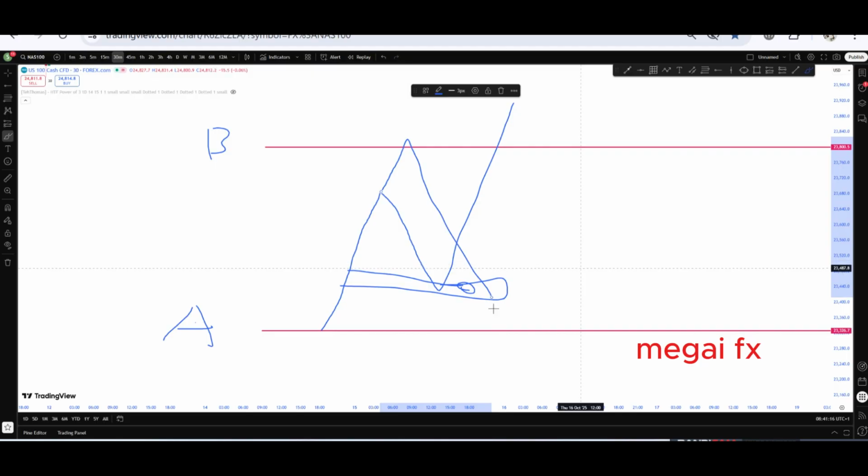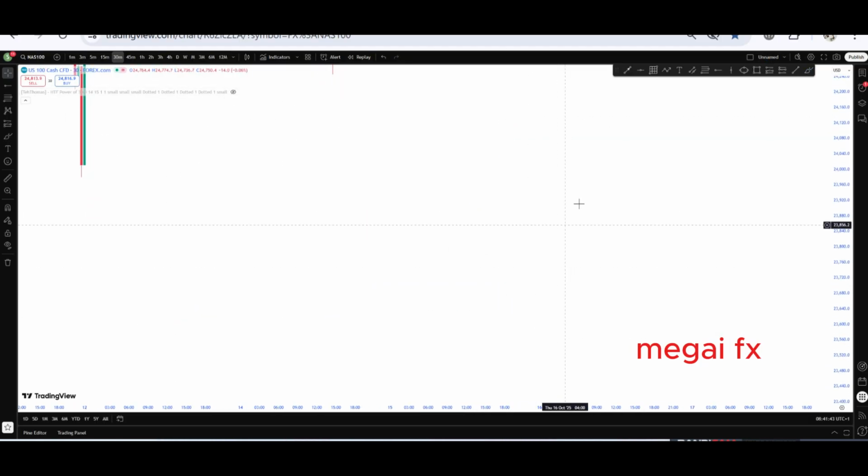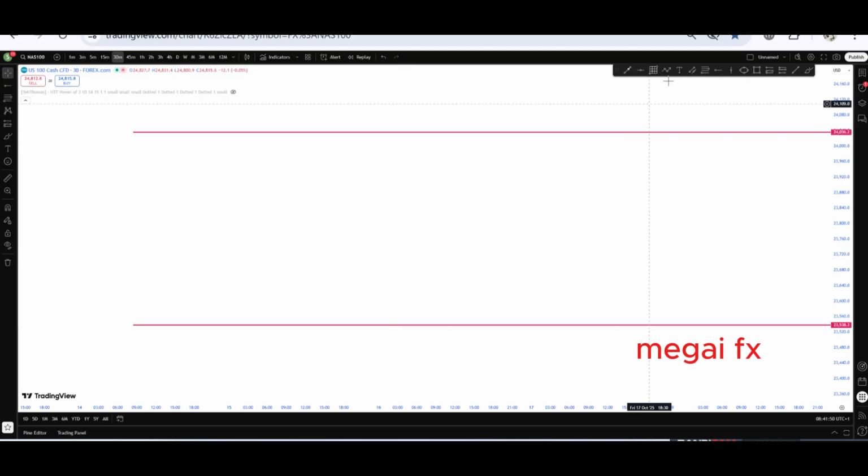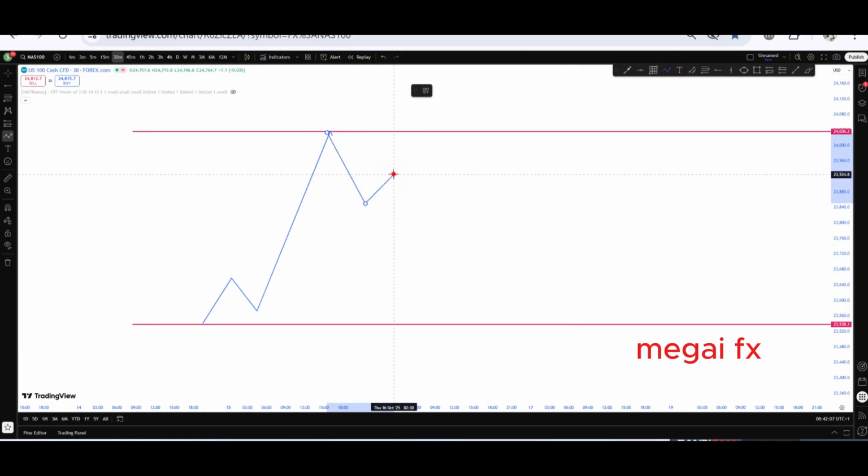If price, you know that if price has taken, let me clear this first. Okay, let's take for example, I am having these two levels, and maybe we have something like this, and maybe we have this price action, for example, and market now continues coming down, and on getting to this place, market took liquidity.